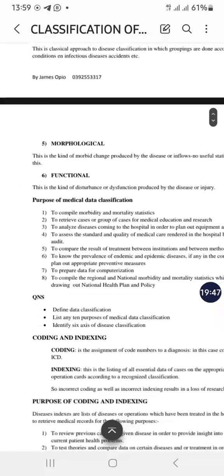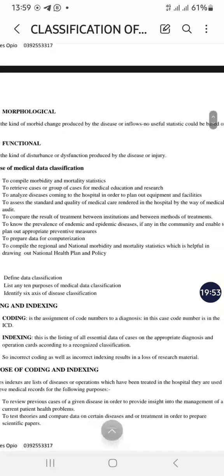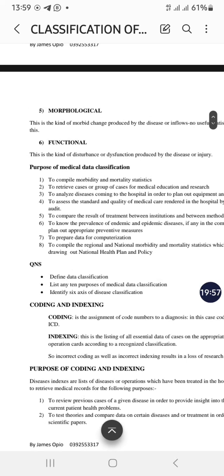And then we have morphological axis. This is a kind of morbid change produced by the disease, and it is not useful for statistics. Under morphological, the classification is based on the change that a disease has caused to a person.